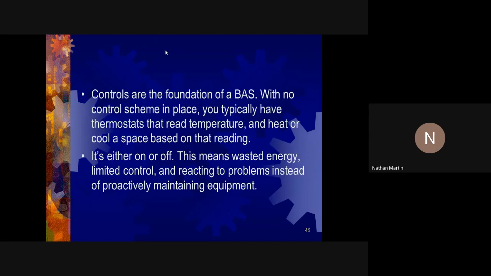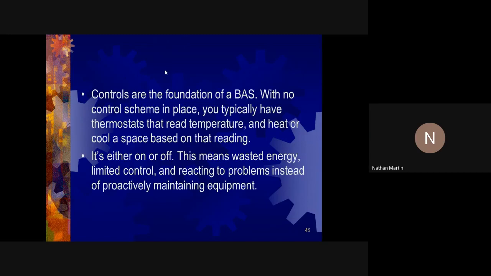Controls are the foundation. We know that. We just discussed that. With no control scheme in place, you typically have thermostats that read temperature and heat or cool a space based on that reading. And that is why the inverter type AC becomes more in demand compared to that of the previous type, right?